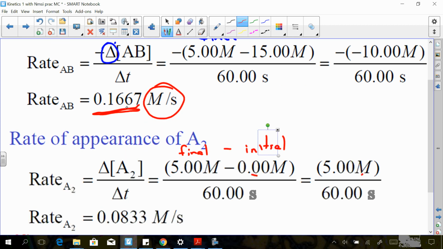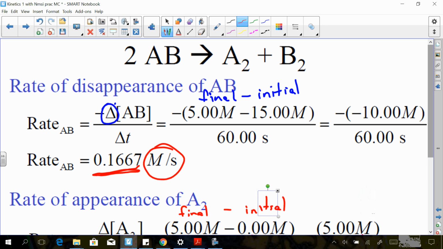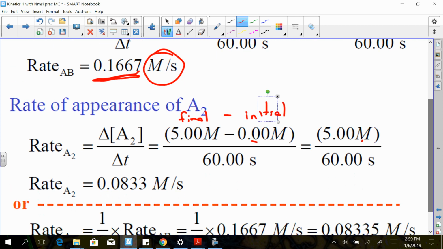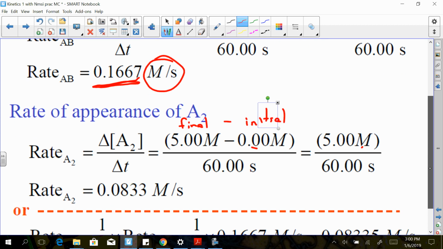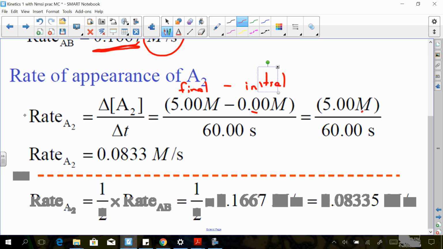If this is in a ratio of 2 to 1, this is going to disappear twice as fast as this appears. So we have half of that, not half of that previous answer. One of these you had to do this way. The other, you had your choice. You could either do it this way or this way.